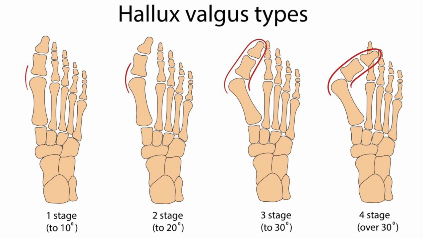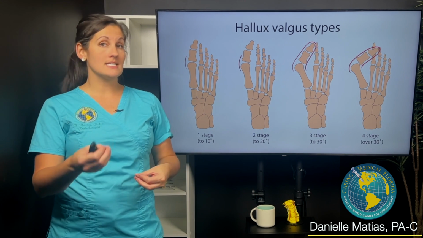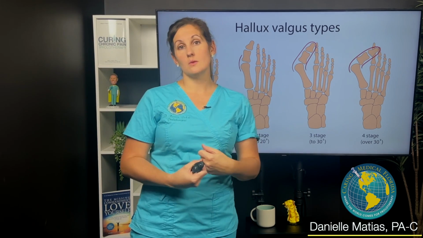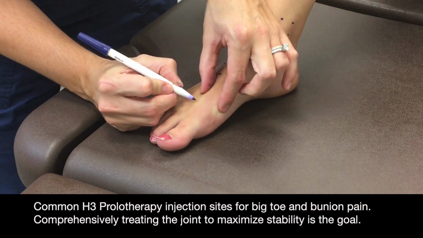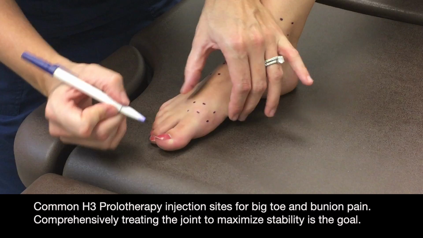Now, where prolotherapy comes into play. Prolotherapy is an injection technique that stimulates the repair of injured tissue. So somebody has an unstable big toe where those ligaments are loose. Prolotherapy works to get those ligaments to tighten and strengthen and restore that stability. Now, the further along, the more challenging or difficult that becomes, correct?